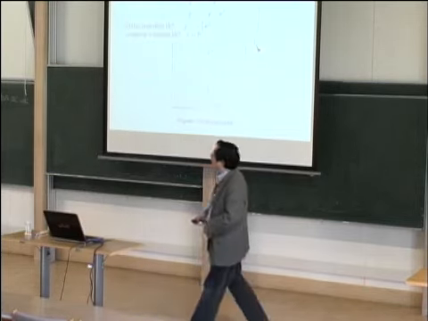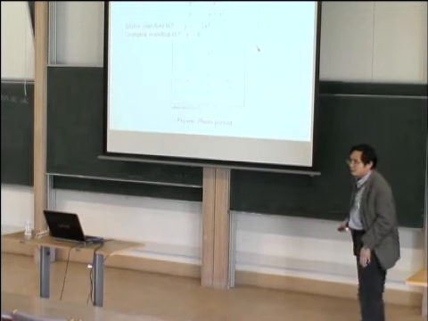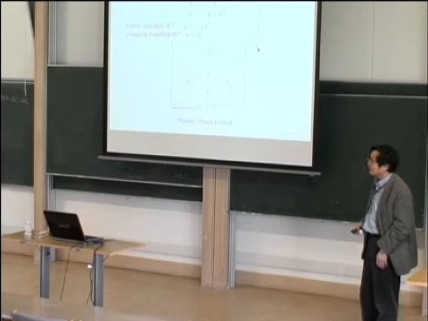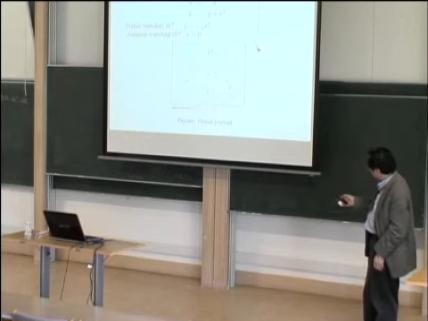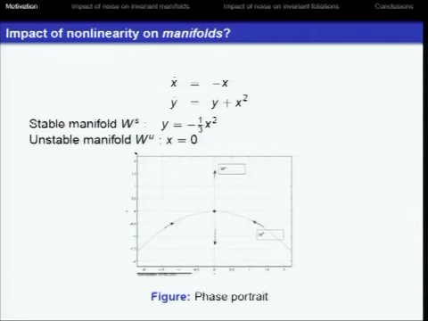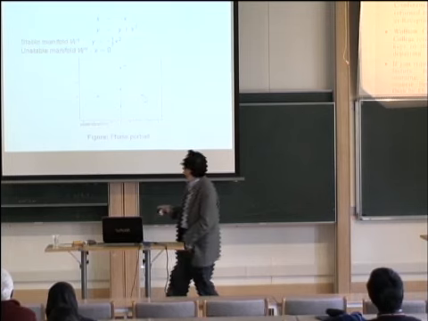Now, what's the impact of nonlinearity on manifolds, before we look at the impact of uncertainty? Let's do it simply. Say we have nonlinearity in one equation, and we don't change the x dynamics. This system is simple enough that I can find the solutions. Once you have solutions, and if you remember the definition that a stable manifold means all the points which have the same dynamics when t goes to infinity, then I can find a stable manifold.